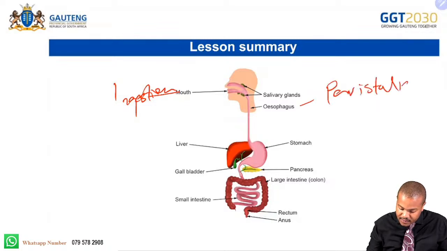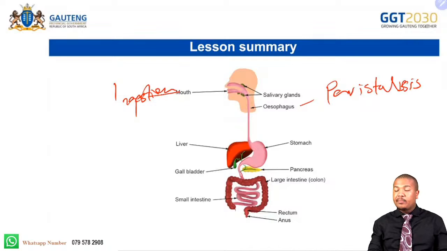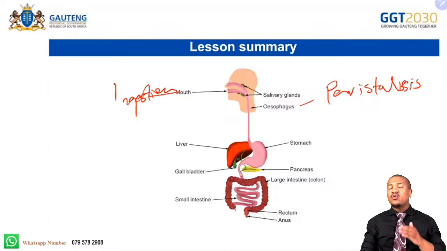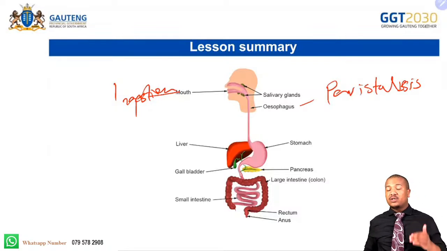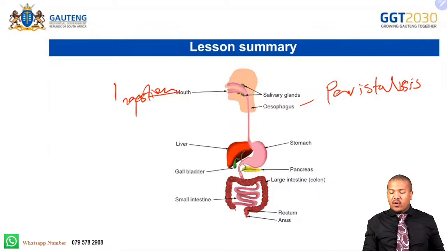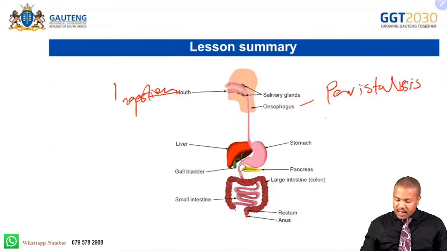Peristalsis is the wave-like contractions of the muscles to help transport the food down into the stomach. We also said that the esophagus is about 20 centimeters long and it transports food from the mouth into the stomach.